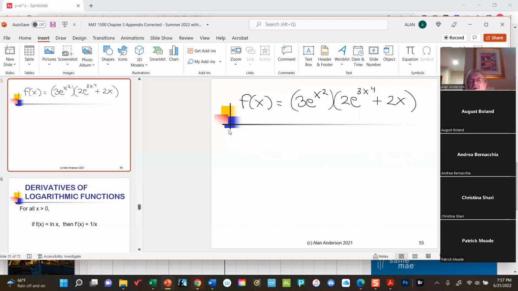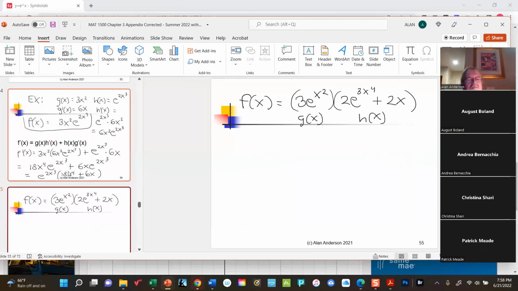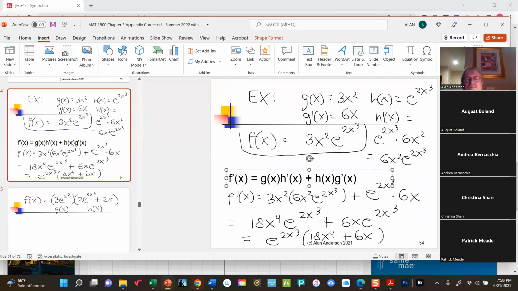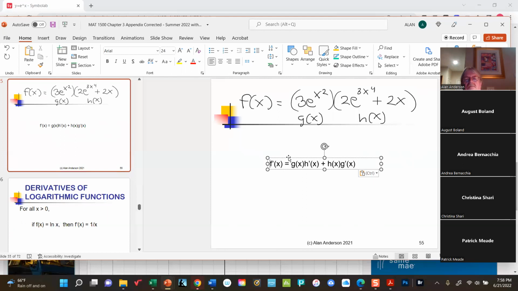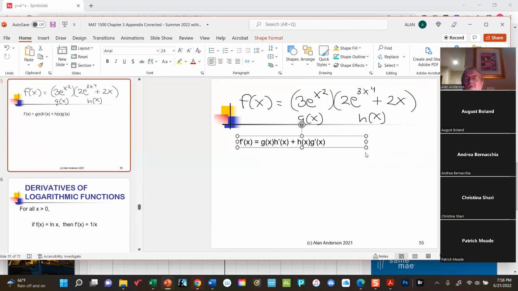Okay, so let this be g of x. This will be h of x. So the strategy is to figure out g prime of x and h prime of x and then plug them in.